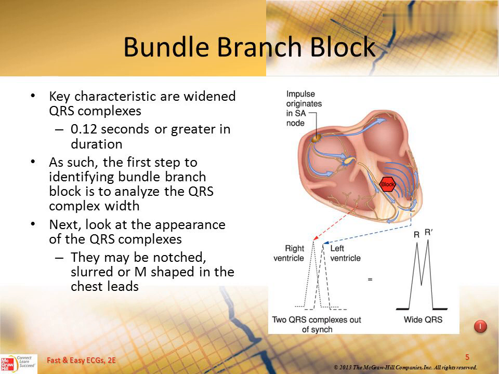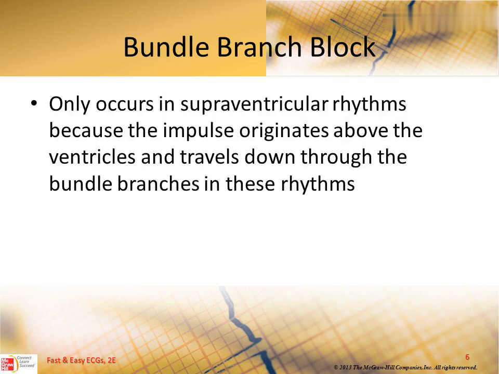Bundle branch block only occurs in supraventricular rhythms because the impulse originates above the ventricles and travels down through the bundle branches in these rhythms.